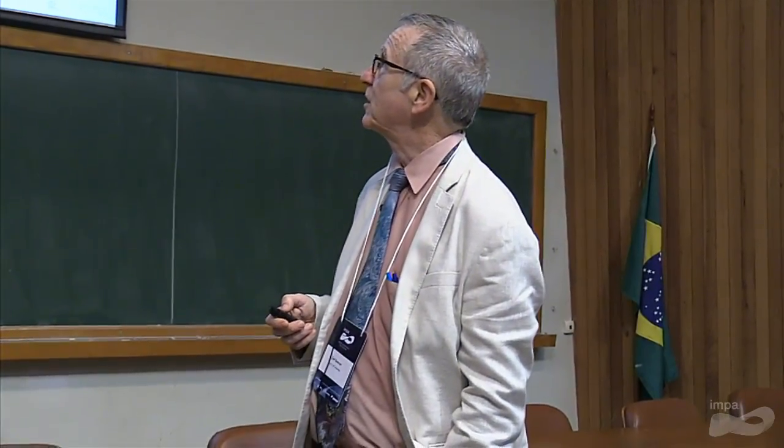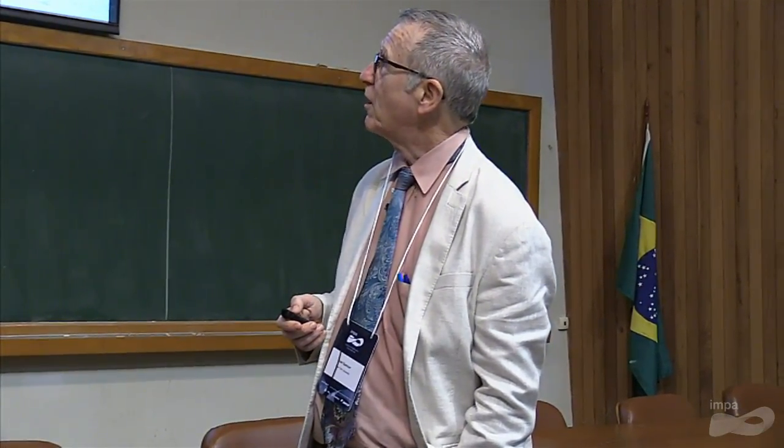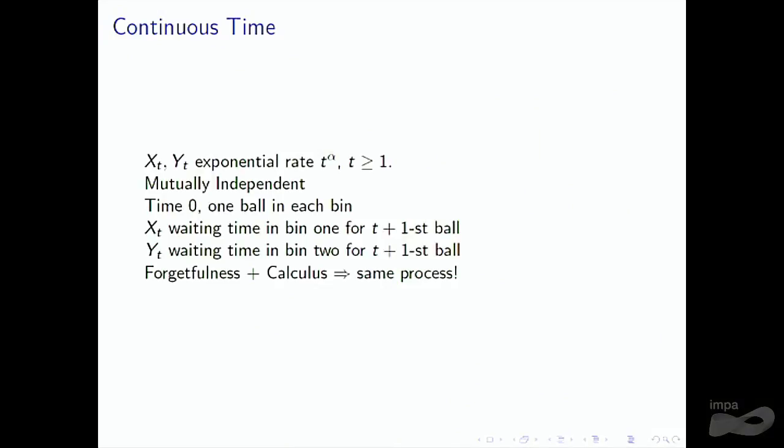Here, in the continuous time, we start at time 0 with 1 ball in each bin. And the bins act independently. And when a bin has T balls in it, the amount of time it takes till it gets the next ball is exponential with rate T to the alpha.